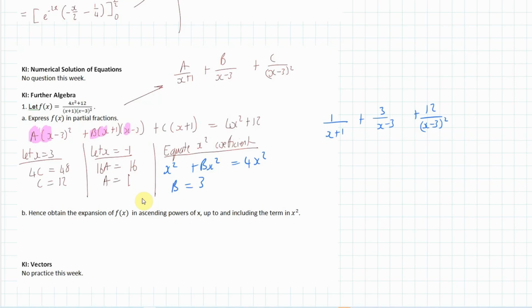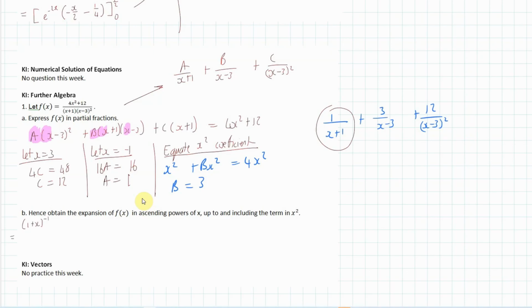Now, we're trying to obtain an expansion of this, so I'm going to in turn expand each bit. So the first one I'm going to expand is x plus 1. Now, what I'm thinking for this is I'll just rewrite it, because we've been used to seeing them like this, to the -1. And so that's nice and easy.